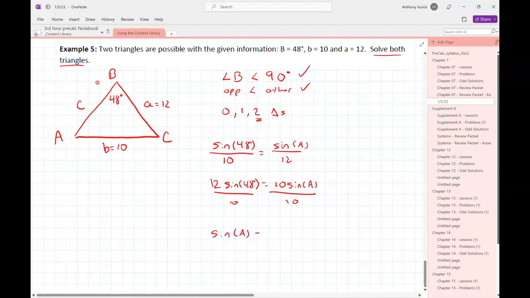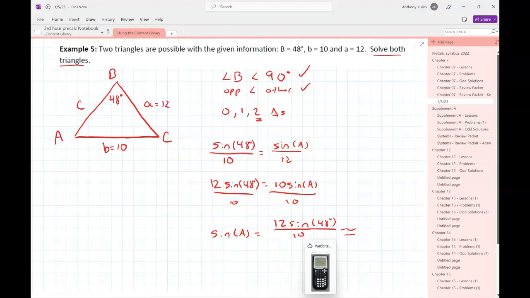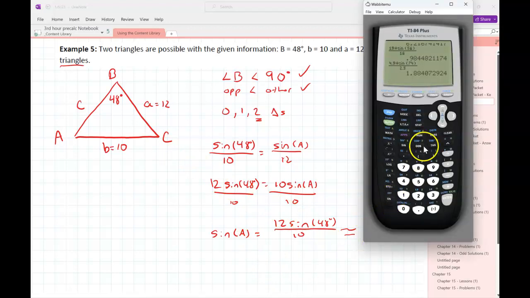So sine A is going to equal... and let's just confirm that. What value should we be getting from this? Not over 1, under 1, because we are expecting 2 solutions here.